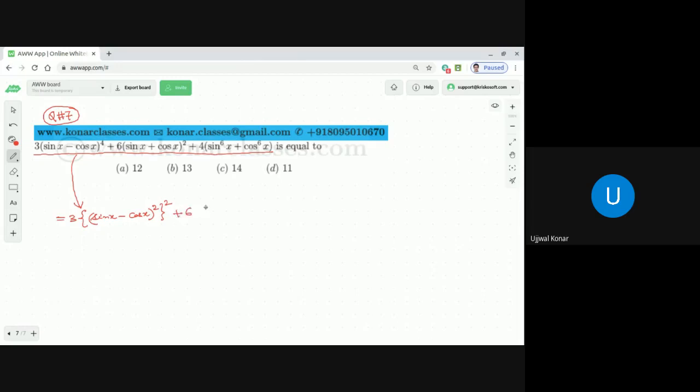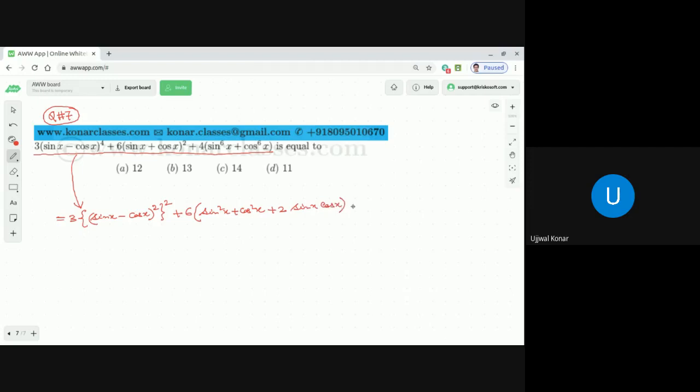Plus 6 into sin x plus cos x whole square. A plus b whole square is equal to a square plus b square plus 2ab. What is a square plus b square? Sin square x plus cos square x, correct or not? So we can write sin square x plus cos square x plus 2 sin x into cos x.